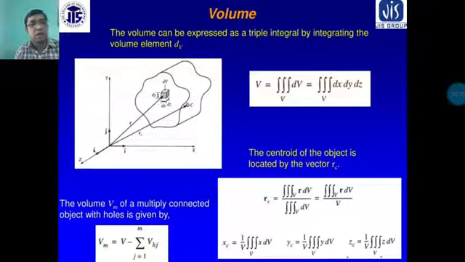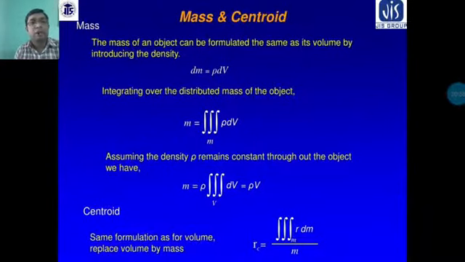So yc equals 1 by V triple integral y dV, and zc equals 1 by V triple integral z dV, calculated for the different volumes. The centroid is required for this figure, and the mass and centroids are considered accordingly.